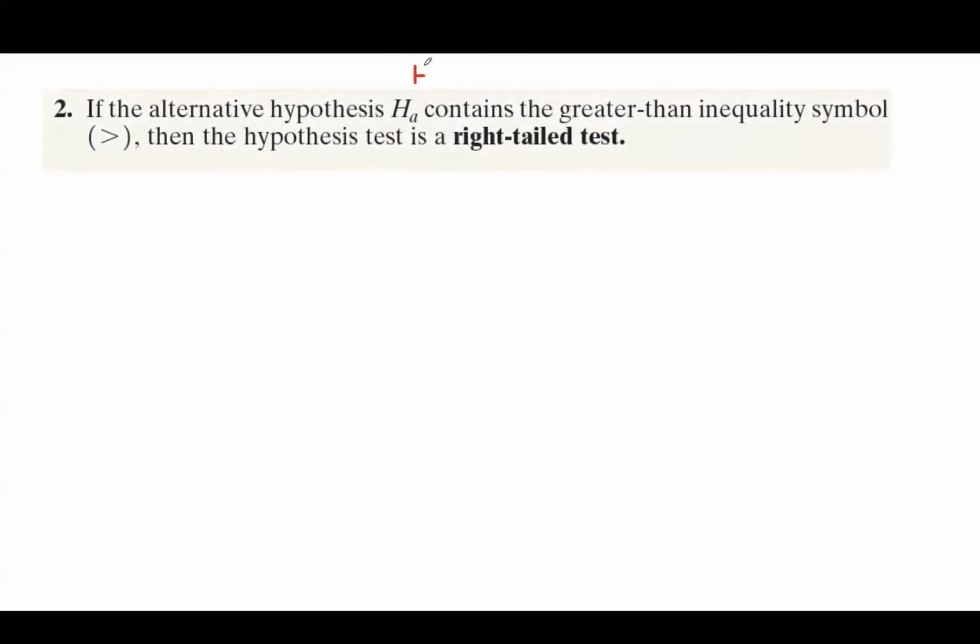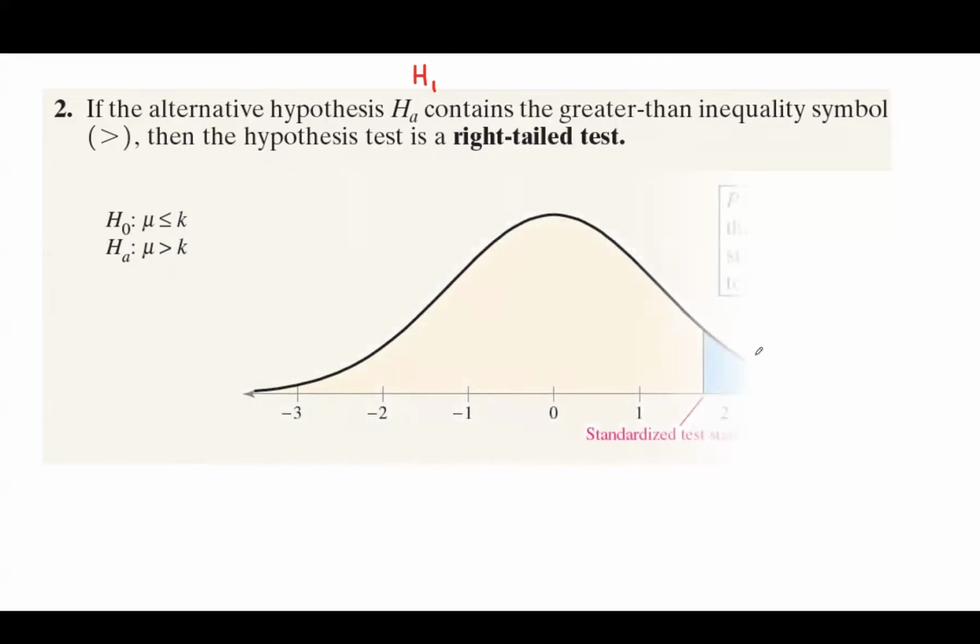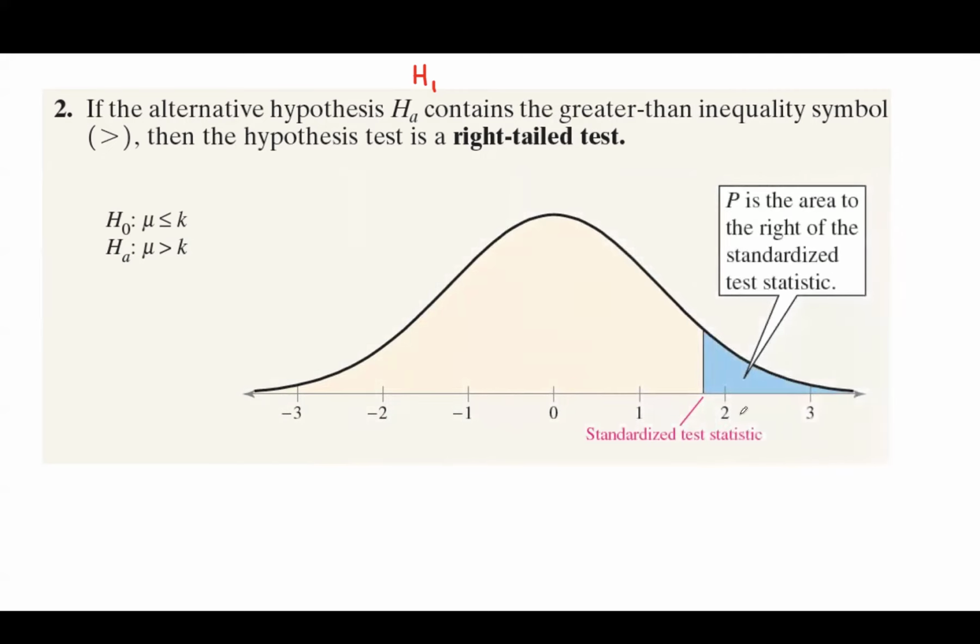We also have a right tail test. If the alternative hypothesis, HA or H1, contains the greater than inequality symbol, more than, then the hypothesis test is called a right tail test. So now your alternative hypothesis includes more than, and the p-value lands on the right-hand side of the graph.